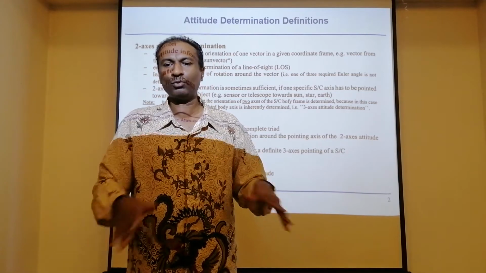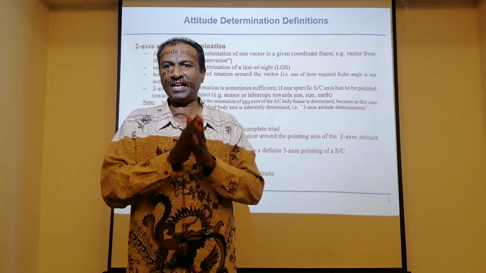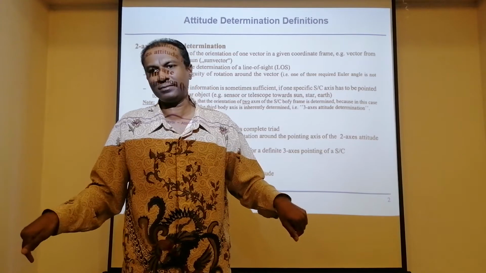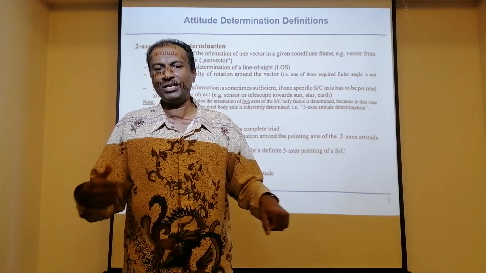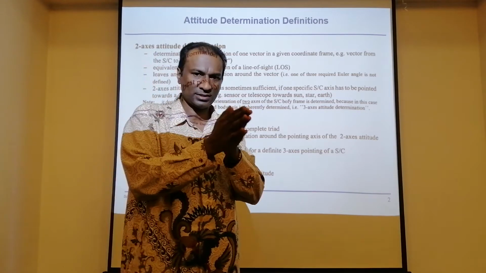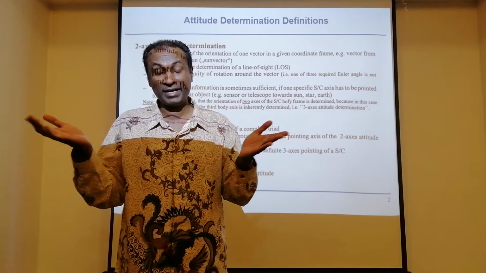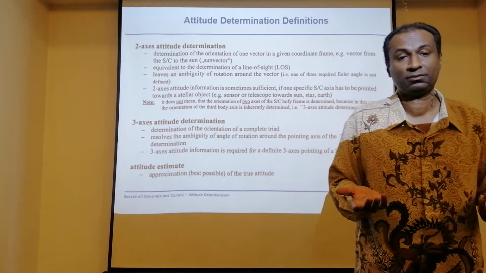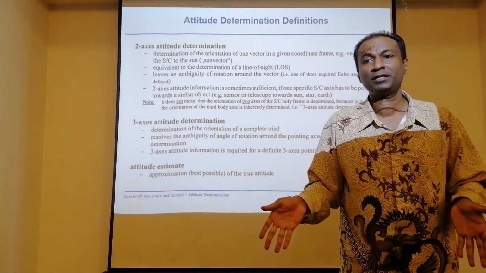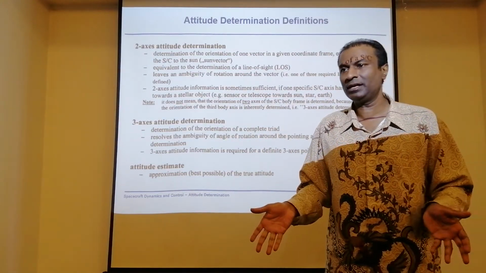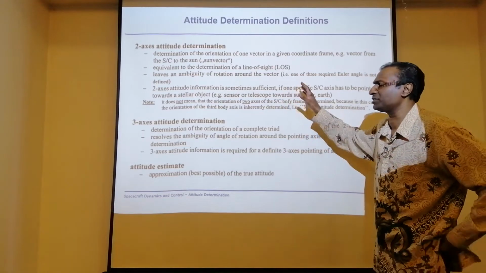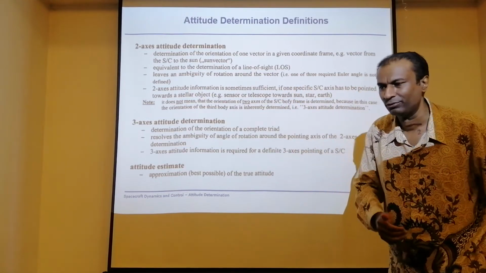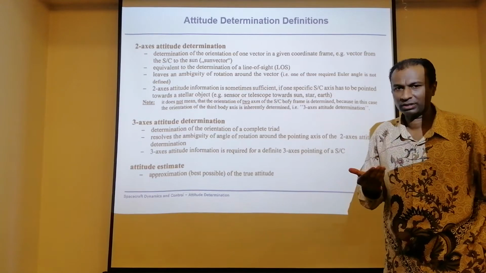If I can sense it, I can know that they have rotated by the amount which induced that tilt, whereas my yaw axis might not even have any rotation. So I'm tilted because of the other two orthogonal axes. The two-axis attitude determination is a very basic, or rather minimum, way of doing attitude determination.